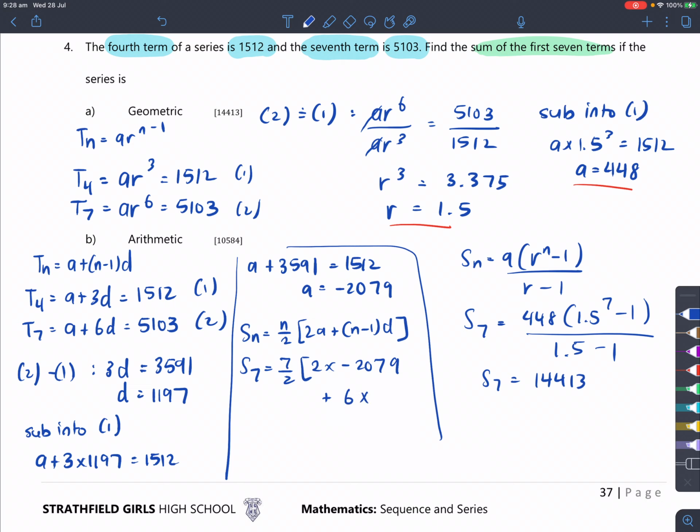And d in this case is 1197, as we can see here. Let me just double check that to see if I've done it wrong. Okay, I got it right. So the sum of 7 terms in the series will be 10,584. And that's it for this part of the work.